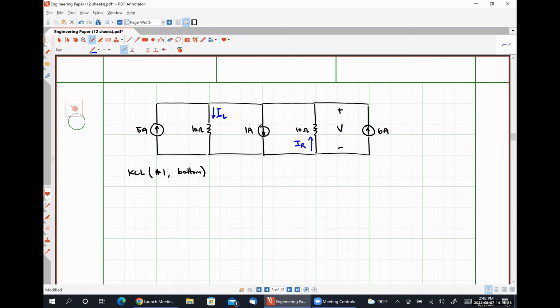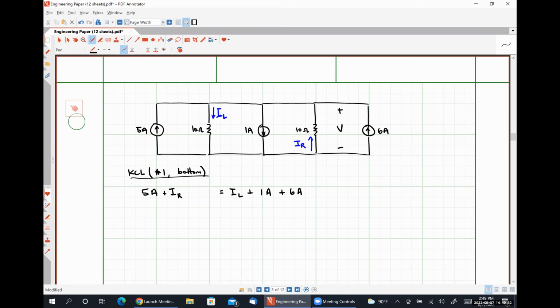Okay, so if I apply Kirchhoff's current law, formulation number 1 at my bottom node, I have 5 amps of current that's leaving. I have a current of IL that's entering. I have a current of 1 amp that's leaving. I have a current of IR that's entering, and I have a current of 6 amps that's leaving.